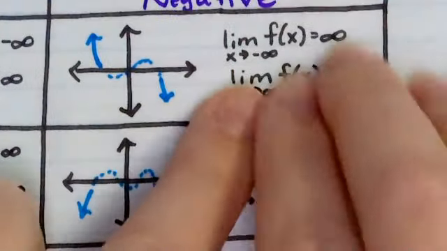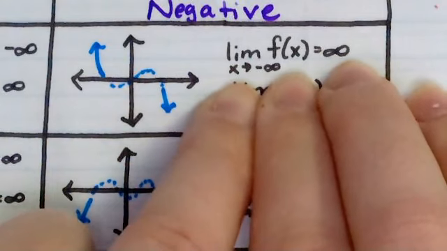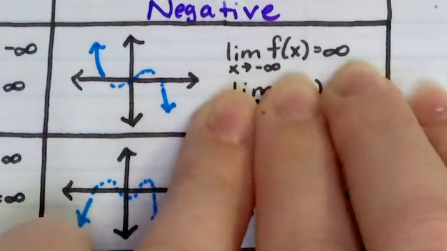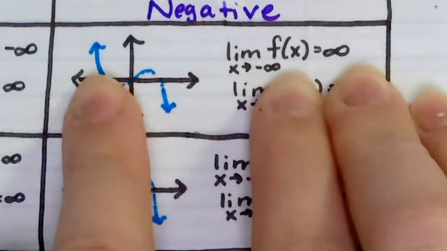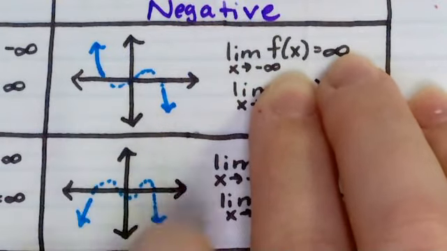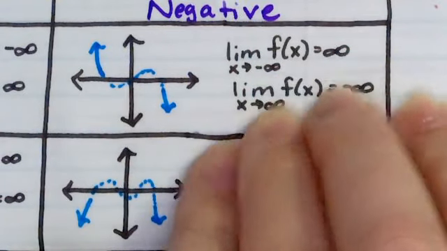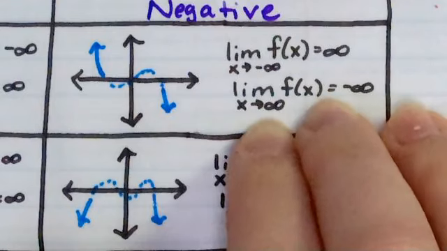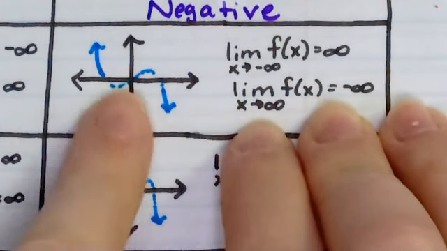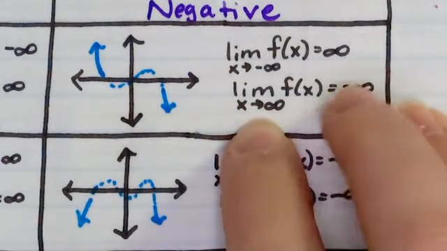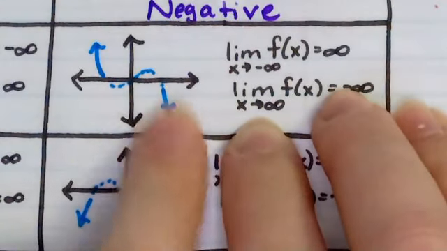I'll run through these real quick. We've got here, as my x approaches negative infinity, so as it's going to the left, my y's are going up, so it's going towards positive infinity. Going down here, as my x goes towards positive infinity, so as it goes to the right, my y's approach negative infinity, meaning that they go down.